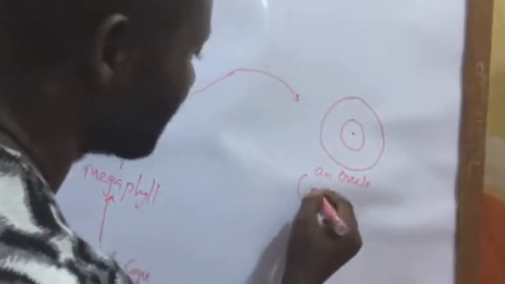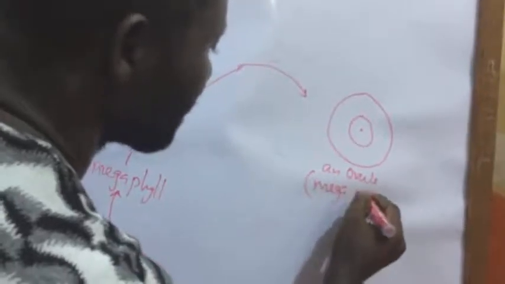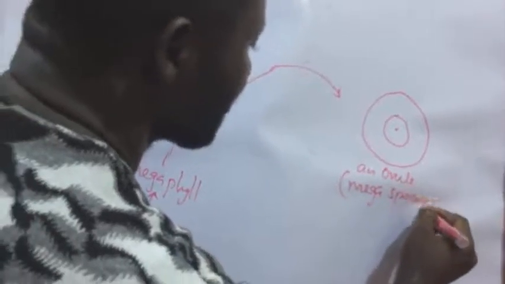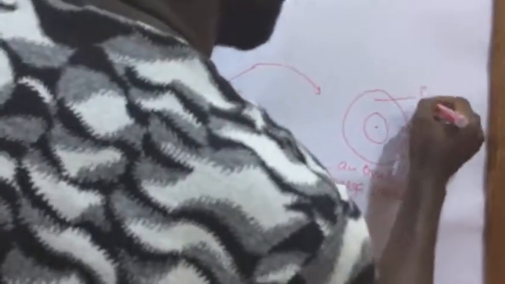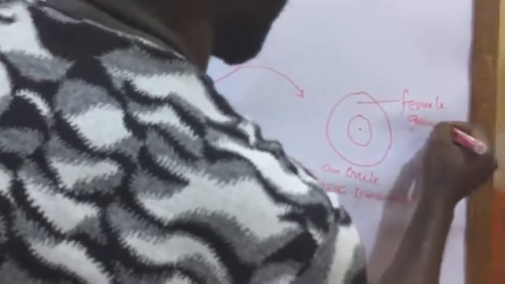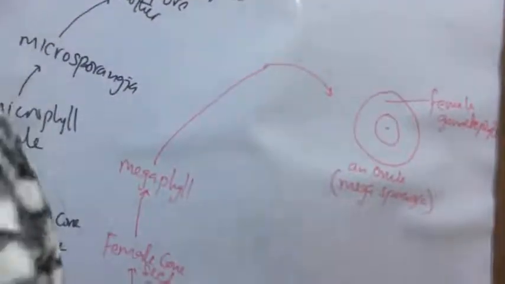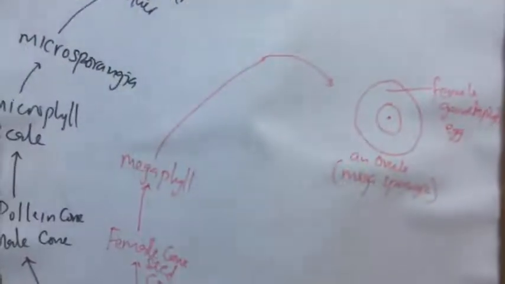Another name for an ovule is megasporangia. The megasporangia contains the female gametophyte. It is the female gametophyte that produces the egg. So we expect that we have our egg here.